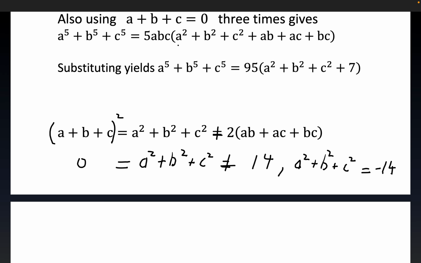That's negative 14, folks. So what do we end up with right here, folks? We end up with 95. Okay, now if we put minus 14 right here, this will be 95 times negative 7.